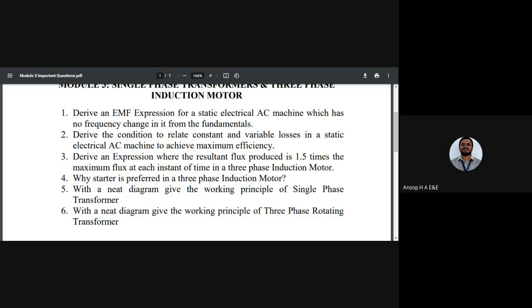If you can, take the notes with you, the study material that I've already posted. You need to derive an expression for the EMF of a static electrical AC machine.